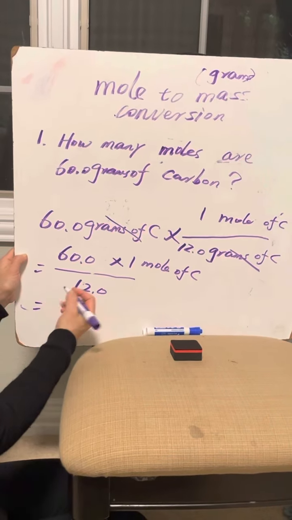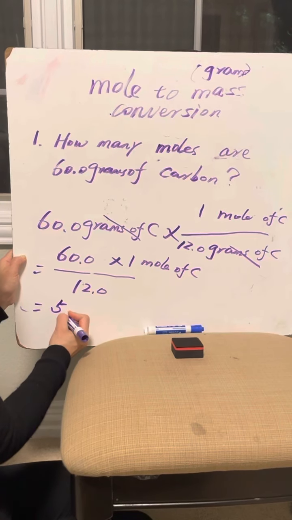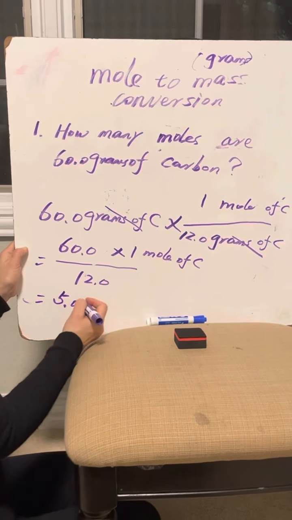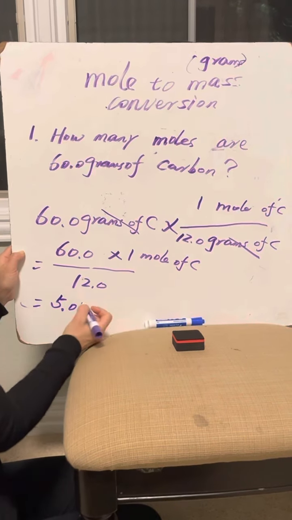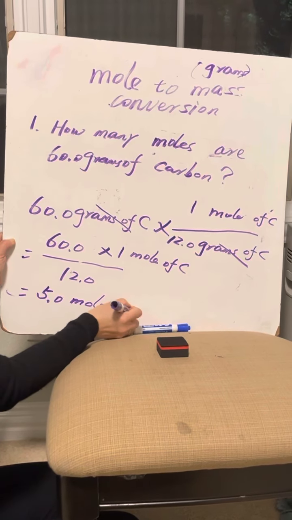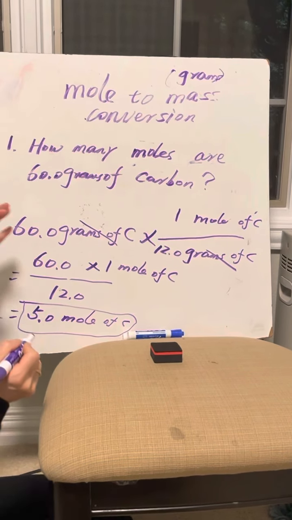You can put the numbers in the calculator, and it's basically 5. Okay, you can keep a 0.0 in here to be very accurate. 5.0. What's the unit? It's moles of carbon, or mole of carbon. Okay, that's your answer.